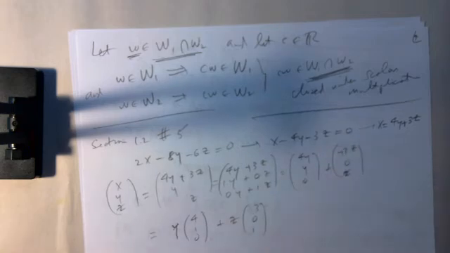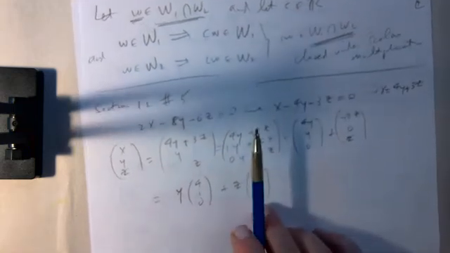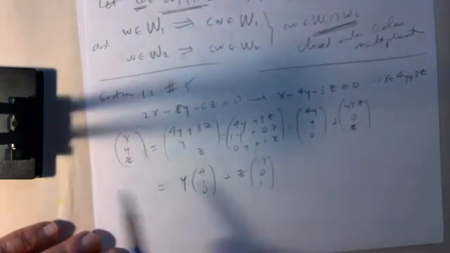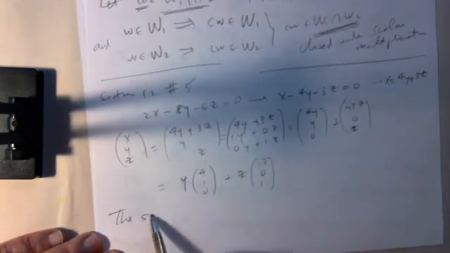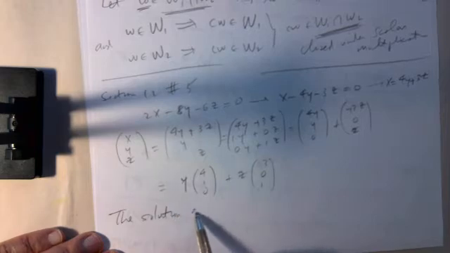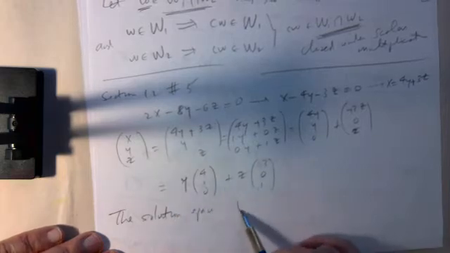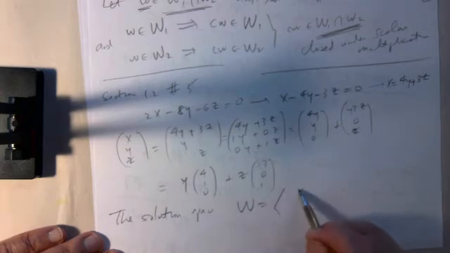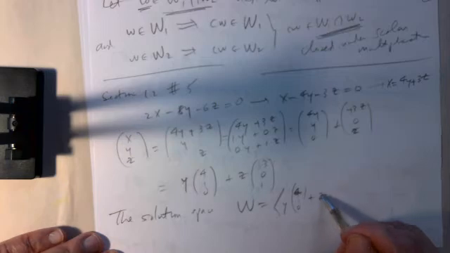So what this says is the solution space of the equation is W equal all scalar multiples of 4, 1, 0 plus any scalar multiple of 3, 0, 1.